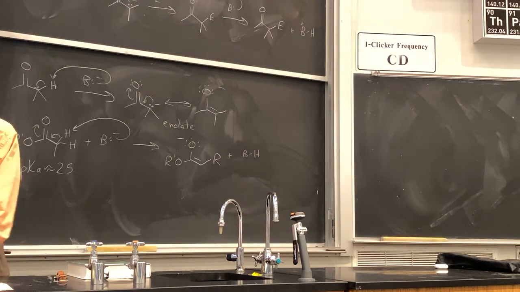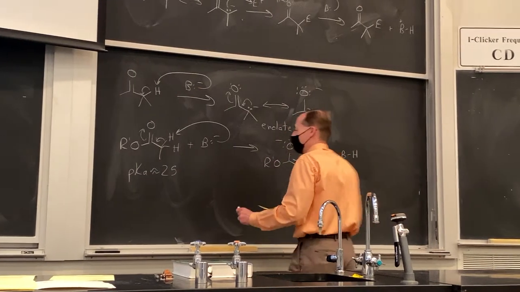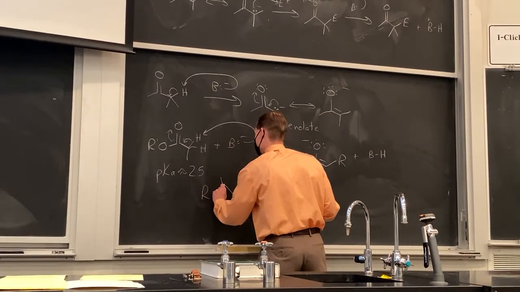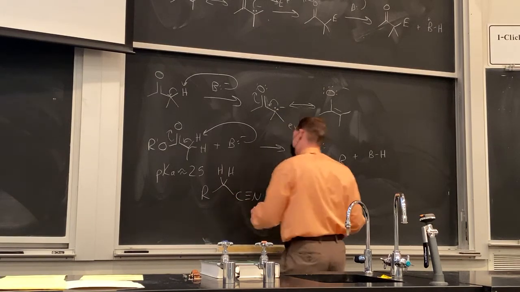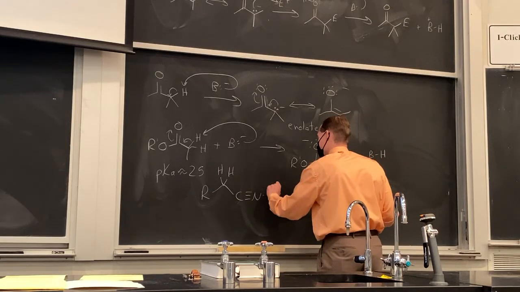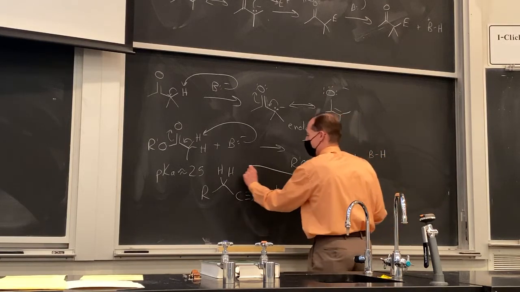enolate-like species from nitriles. We learned in our last chapter that nitriles can behave similar to carbonyl compounds. They do not have a carbonyl group, but these 3 bonds between the carbon and the nitrogen can behave similarly to a carbonyl group.